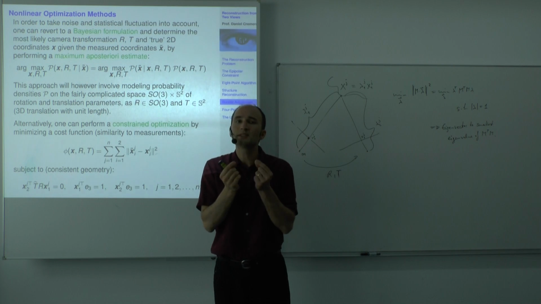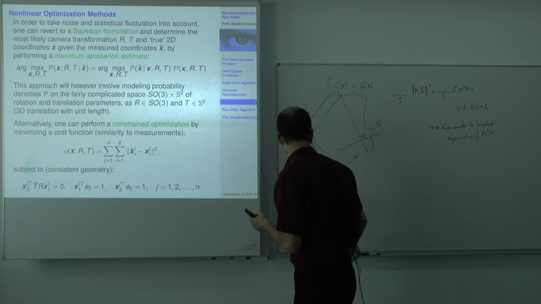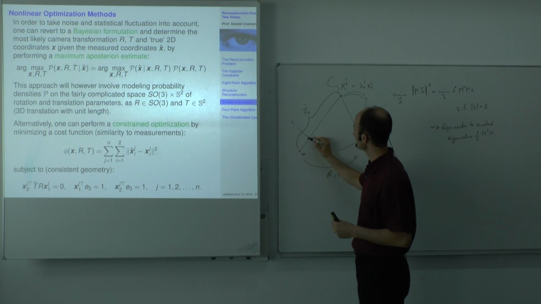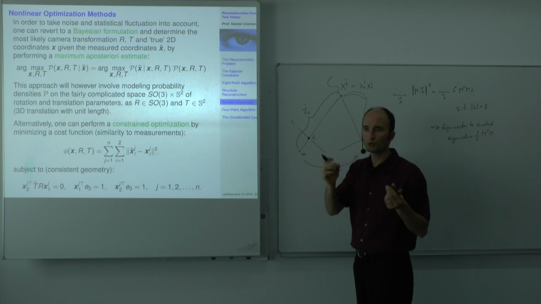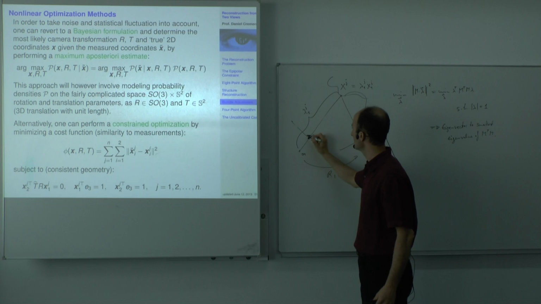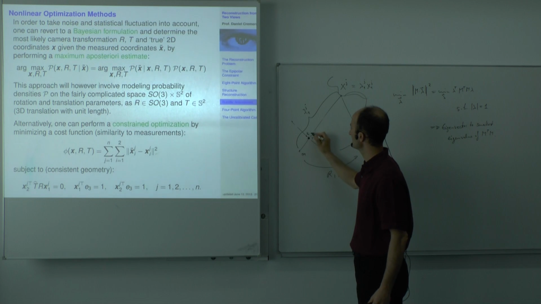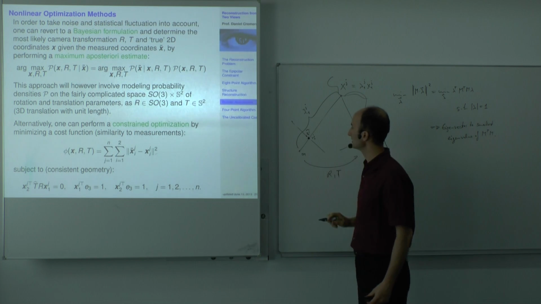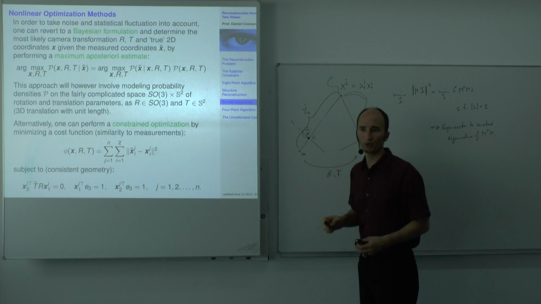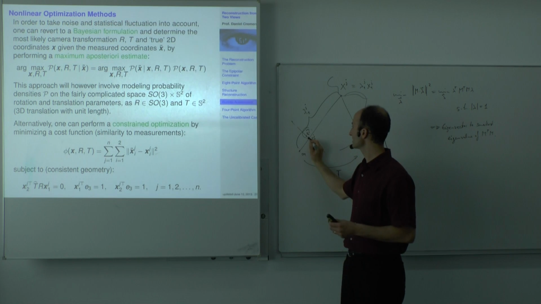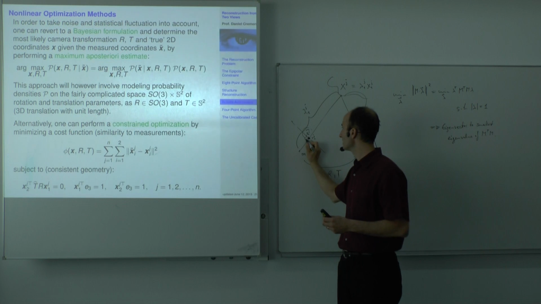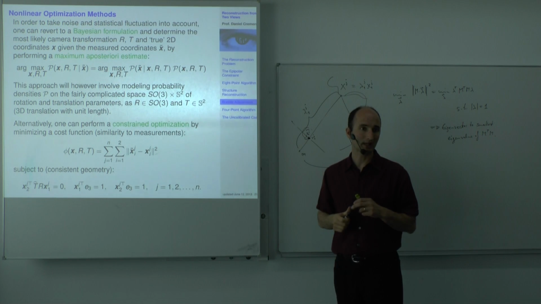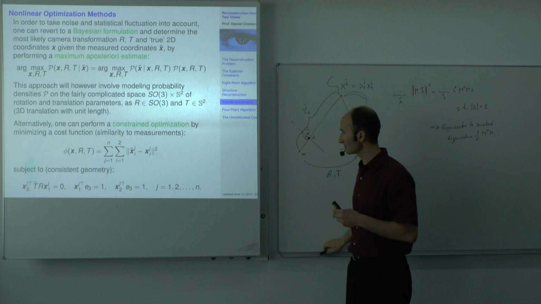So I explicitly allow a deviation. I say this is the correct correspondence, but then my human labeler or my computer told me, oh, the point is here. And this is xj tilde, the estimated point, but it's not the same as the correct point. There's a little offset, a little deviation that I explicitly allow in this model.